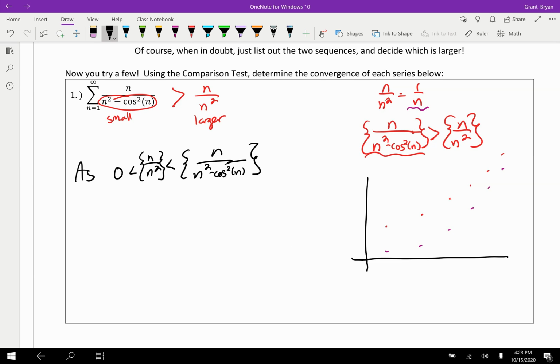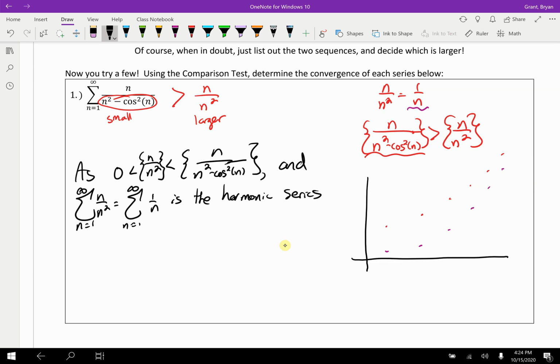Something like that. And the sum from n equals 1 to infinity of n over n squared, which equals the sum from n equals 1 to infinity of 1 over n, is the harmonic series which diverges.